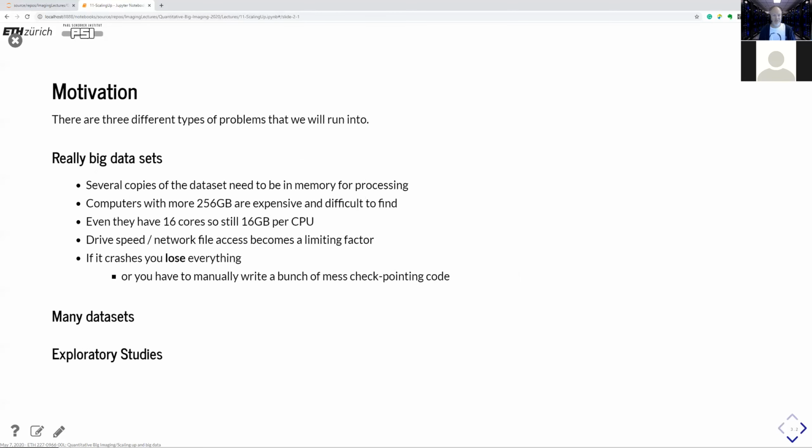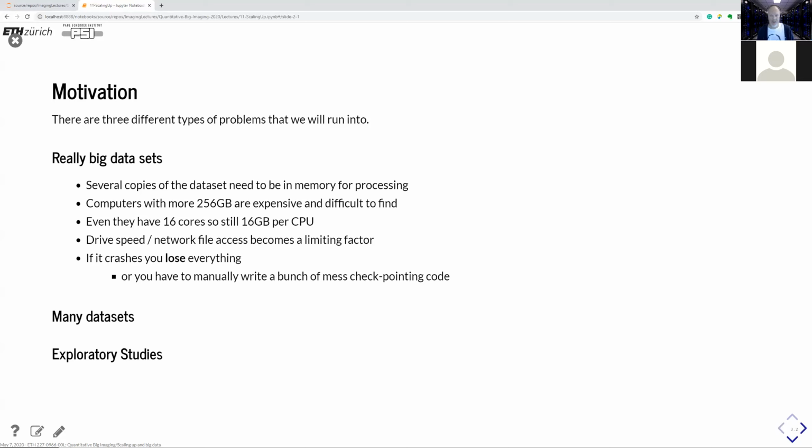So first of all, as you already know, we can have pretty big data sets. With really big data sets, we can't possibly fit them into memory. Most computers don't have more than 256 gigabytes of RAM. A couple of terabytes of hard drive is not unusual on big workstations, but more than 256 gigabytes of RAM is pretty rare, and also really expensive.